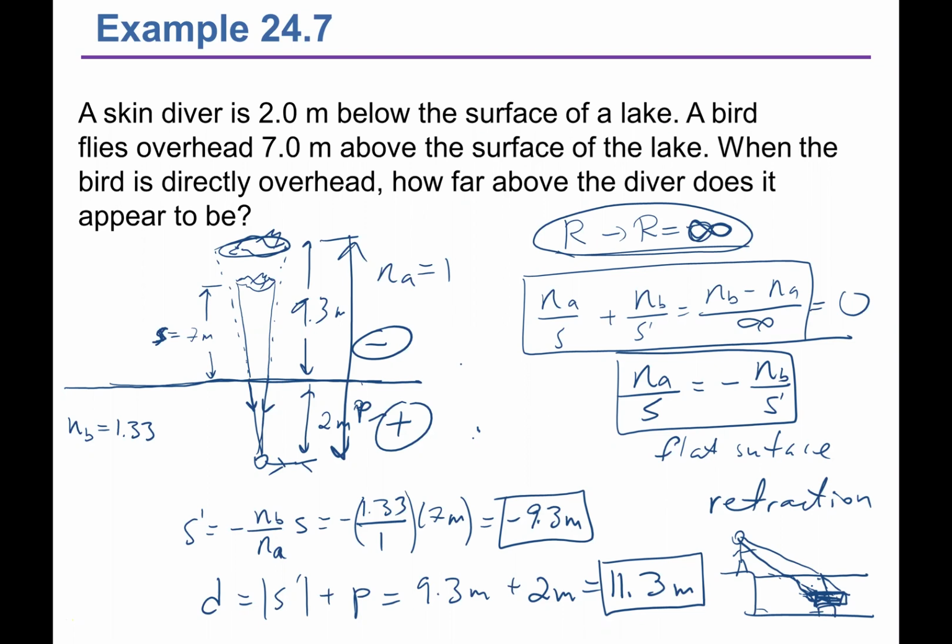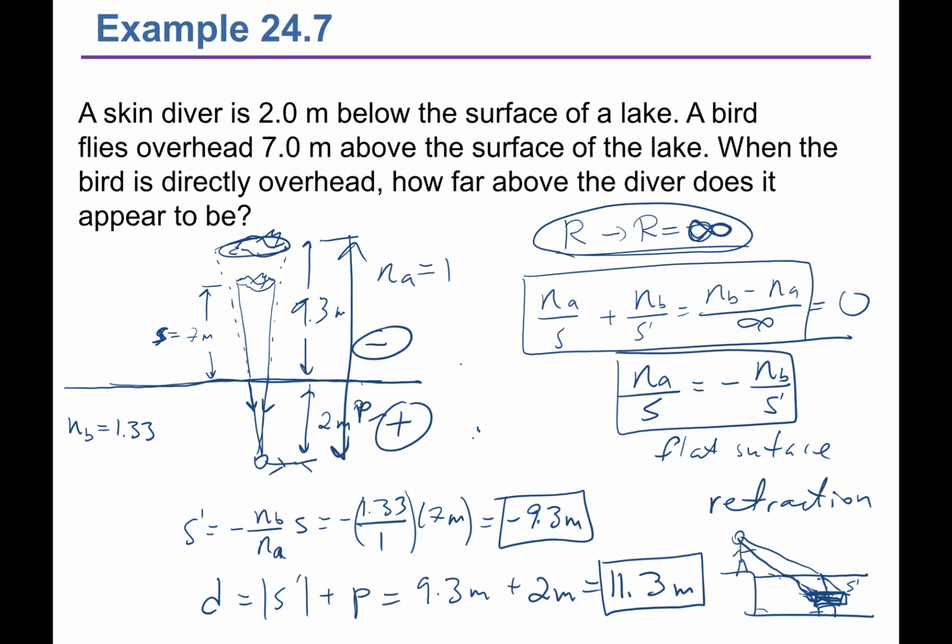And think like this: if you're in air looking at something inside, you will find that the image is closer to the surface than the object, from air into the water, basically. But if you are inside water and look up into the air, the image will actually be further away than the object, which we see in this case with the bird, right?